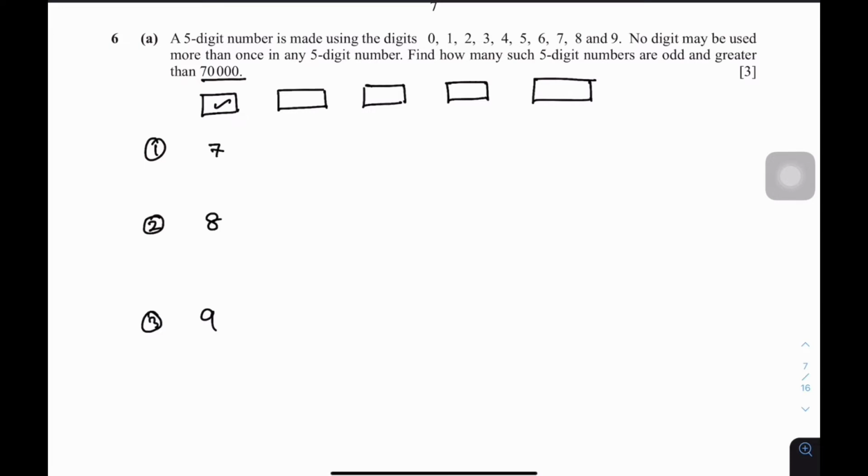and to make it odd, after placing 7, we can place here 1, or 2, not 2, we are making odd, so we can place here 3, 5 and 9.